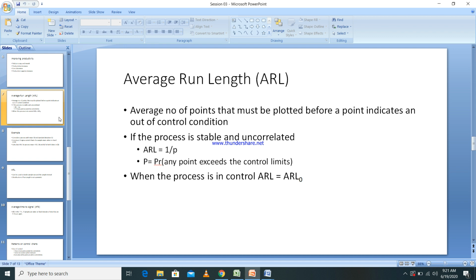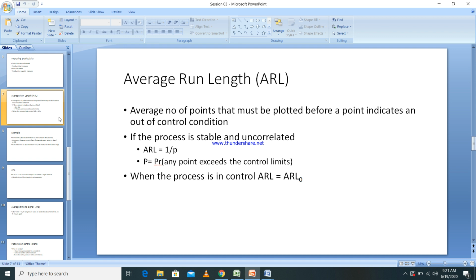That is, when you are checking your process with the use of a control chart, whether the process is in control or out of control, ARL means how many samples on average you have to take to get an out of control signal from your control chart.